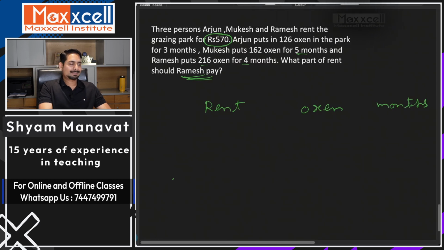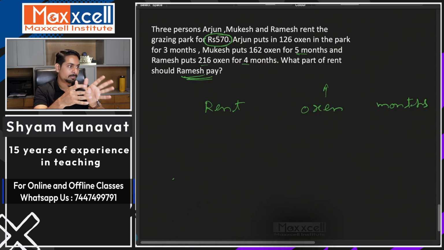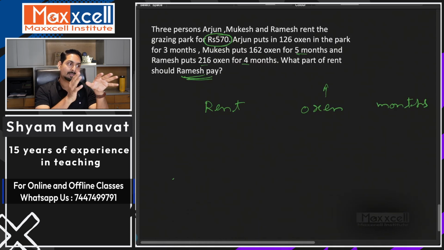Now tell me one thing. Because it is all about rent, we need to relate oxen and months with rent. If you have more oxen, we need to calculate the share of rent which Ramesh has to bear, right? So we have to look at rent. If you have more oxen, do you have to pay more rent?